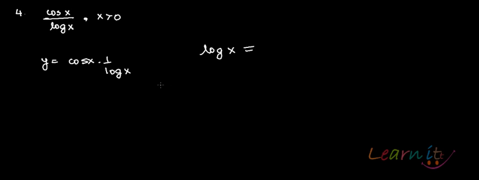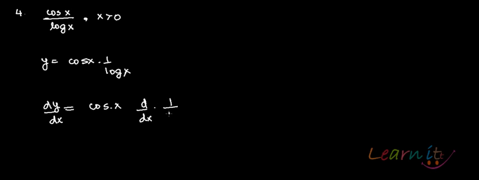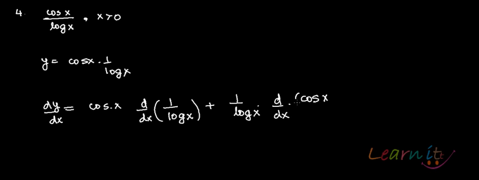I think you can straight away use just the quotient rule here, or the product rule, whichever you want. So dy by dx is equal to first function as it is into derivative of the second function, which is 1 upon log x, plus second function as it is into derivative of the first function, which is derivative of cos x.